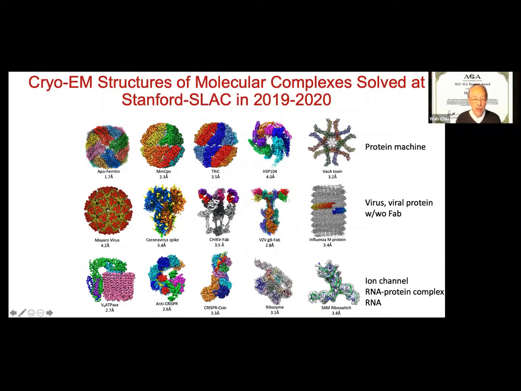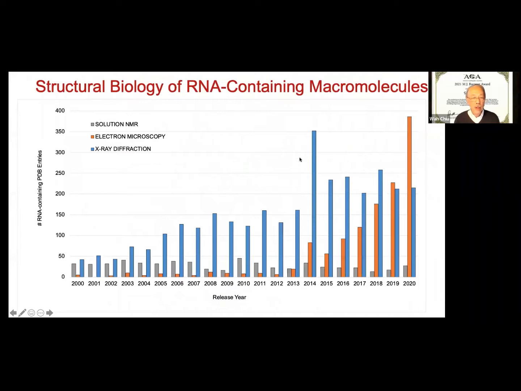And I'll talk about an example of RNA, an example of coronavirus, and then an example of chaperone complexes. Now, when we look at the statistics about the archived structures in PDB, it's apparent, with the help from Kathy Lawson, that we were able to plot out this curve of the RNA-containing macromolecules in PDB so far.